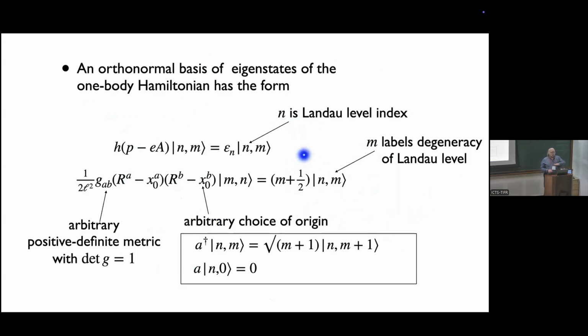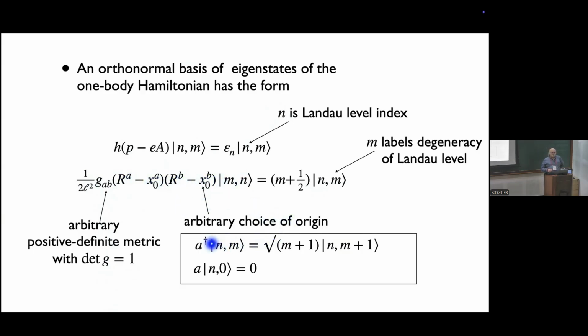So within the Landau level, fixing the Landau level state, we can define a basis of the positions of the guiding centers using a quadratic form. Usually this would be just r squared, but it's important to notice there's an arbitrary quadratic form defined by a Euclidean metric with determinant 1. So I take a quadratic form and I center this at an arbitrary point.